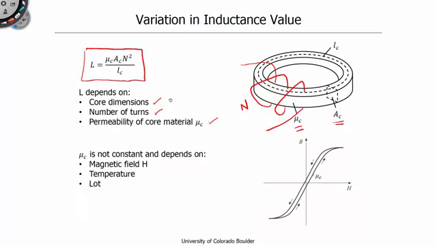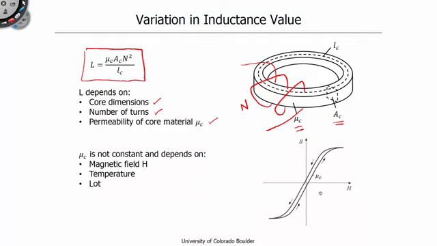The core dimensions would remain constant, the number of turns would remain constant, but what about the permeability of the core? If you recall, the permeability of the core is actually not a constant. The permeability depends on the strength of the magnetic field, and as the magnetic field increases, the permeability tends to drop, and as the material saturates, the permeability simply becomes the permeability of free space.